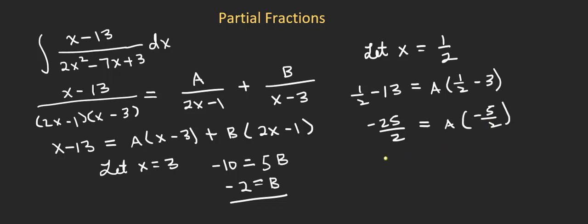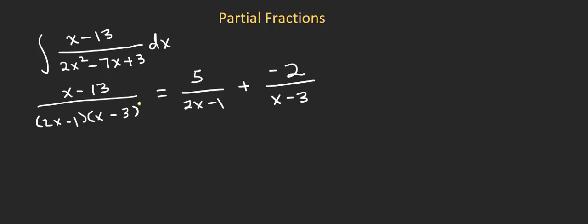Multiply everything by 2, you get negative 25 equals negative 5a. And a is 5. So we found a and b. So in order to find the integral of this, you take the integral of that. Don't forget the x.